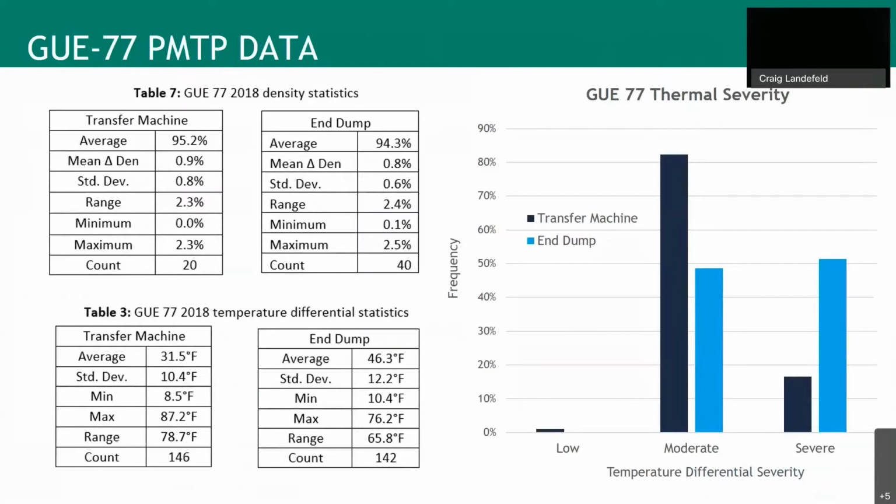Those are defined as less than 25, 25 to 50 degree delta, and then a delta of temperature greater than 50 for the severe, kind of the standard definition that came out of some of the research. And we see here that the transfer machine performed better, and we had more severe segregation when we end dump. Nothing too surprising there.